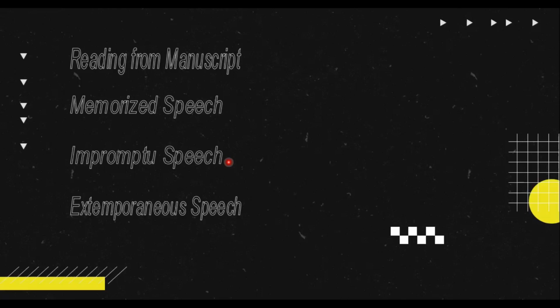So for example, you were assigned to have an impromptu speech. So you have to make sure, because in impromptu speech, usually there's a topic given. So you have to make sure that you very well know the topic that you're assigned with, so that any questions that will be thrown to you, you can answer.